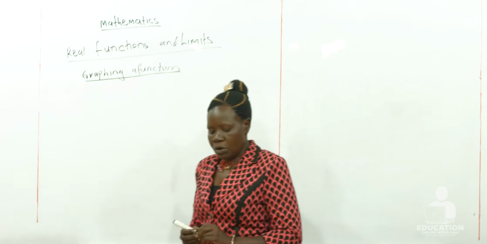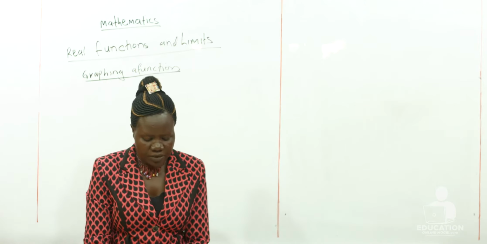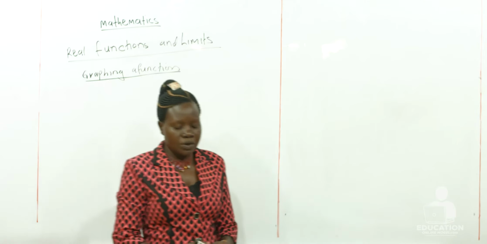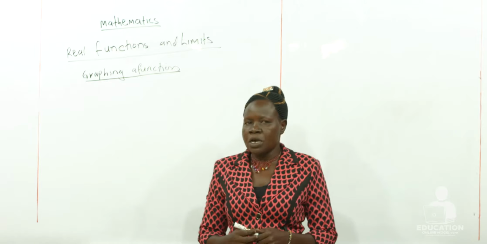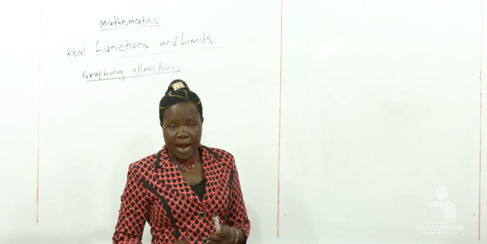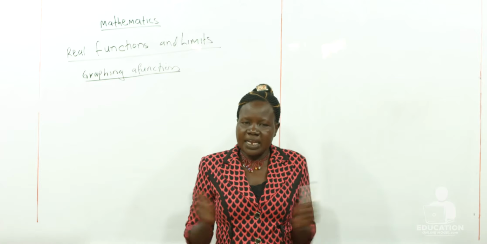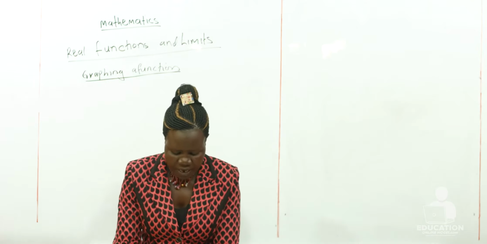Because not all equations are qualified to be called functions. Of course, we know a function is a relationship between two variables. So we want to see how we prove that the two variables are related.